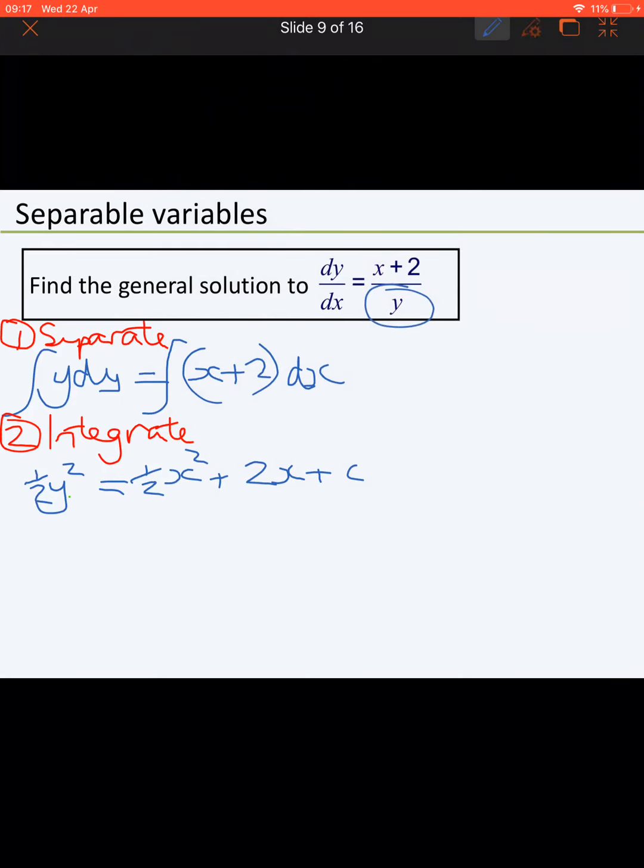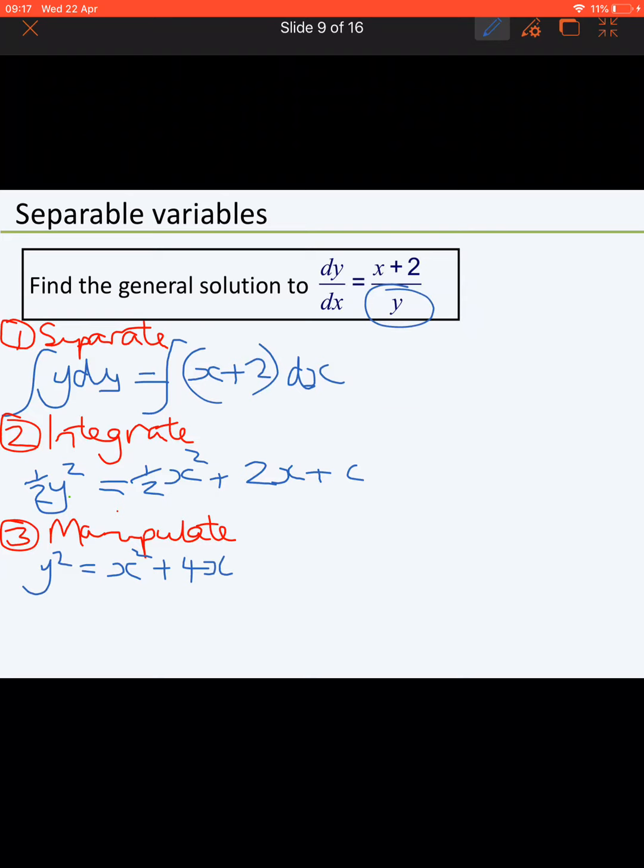Step 3 then, once we've done our integration, is we are going to manipulate. It doesn't say in the question to put it in a particular form, but let's have some good practice of doing it. If I double everything, I get y squared is x squared plus 4x.